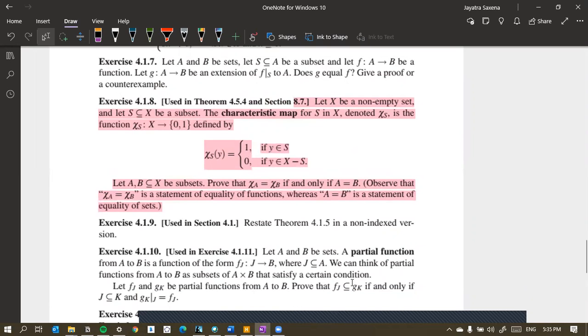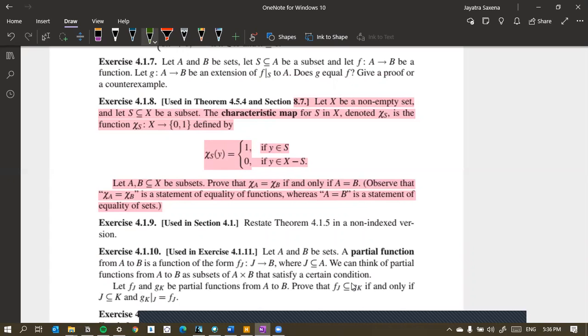So let X be a non-empty set, and let S be a subset of X. The characteristic map for S in X, denoted by curly X, let's just call it X_S for now, is the function from X to {0, 1} defined by X_S(y) equal to 1 if the element belongs in the subset, and X_S(y) equal to 0 if y belongs to the complement, or does not belong in that set.